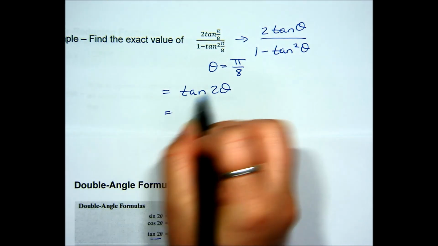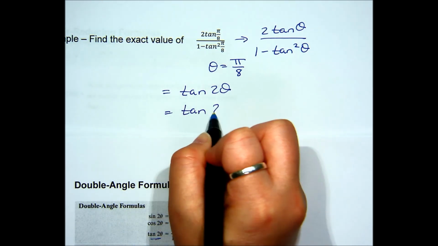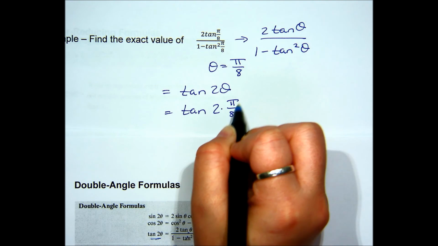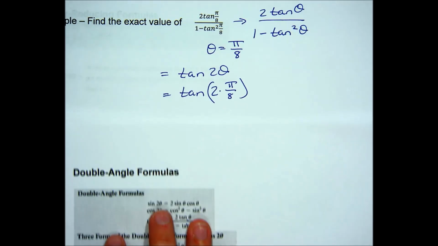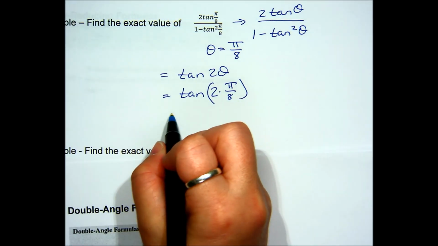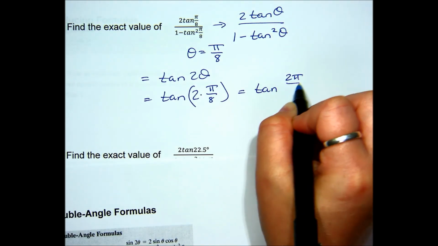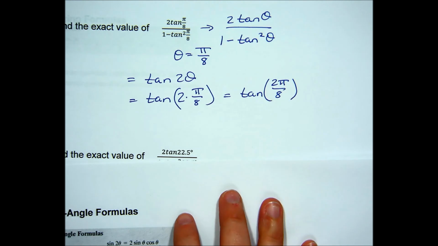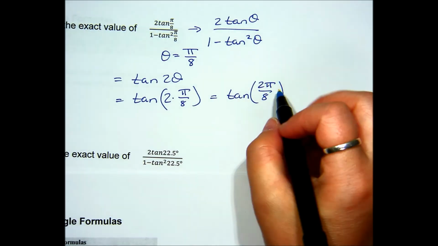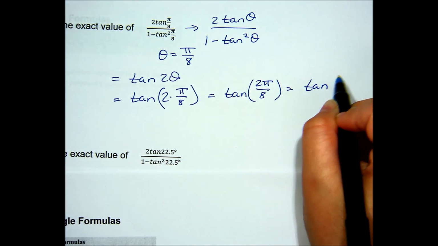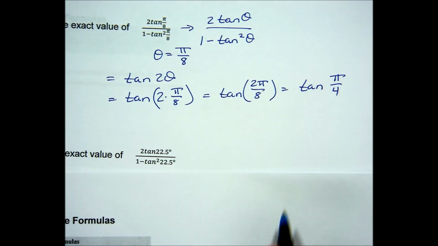So I can say that this is equal to tangent of 2 theta. Well, I know what theta is now, so I can say that this is tangent of 2 times pi over 8. Oh, okay, well that's just tangent 2 pi over 8. Well, 2 pi over 8 simplifies into pi over 4.